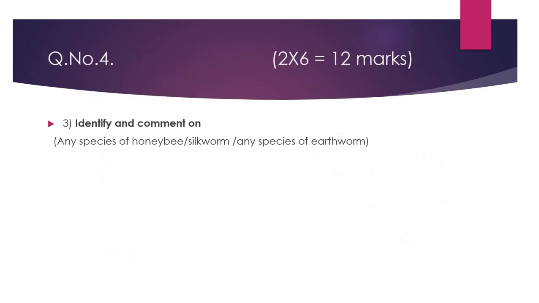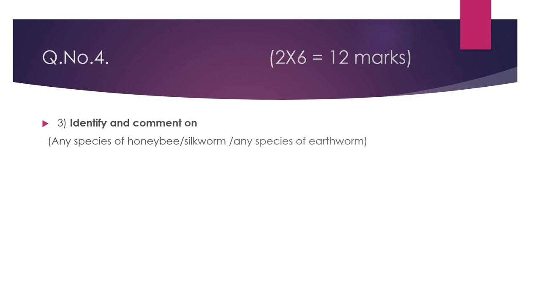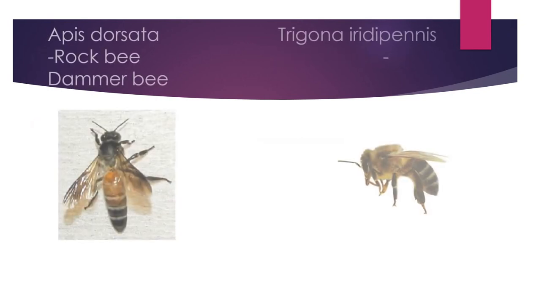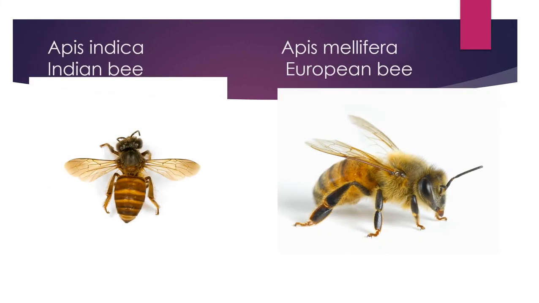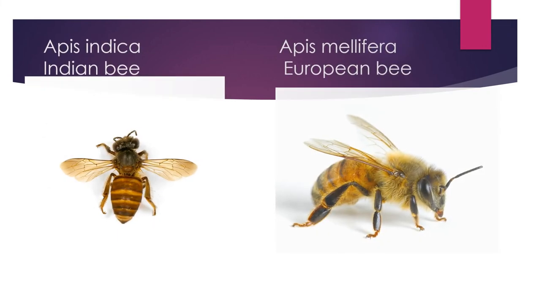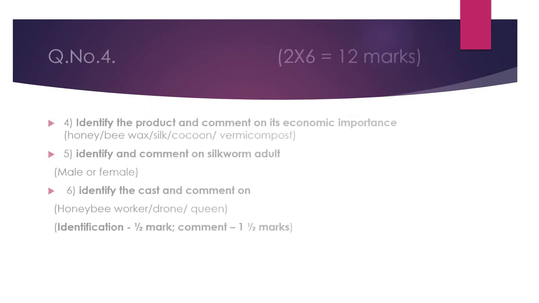Question number 3, identify and comment on any species of honeybee, silkworm or any species of earthworms. You will be given either Apis dorsata, Trigona iridipennis, Apis indica or Apis mellifera from honeybees.